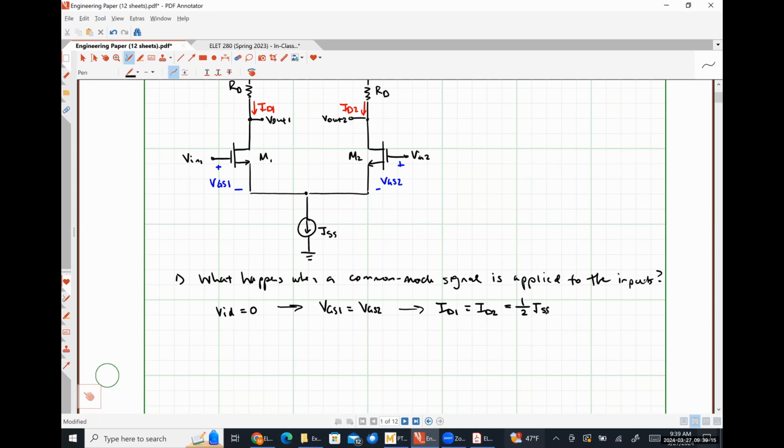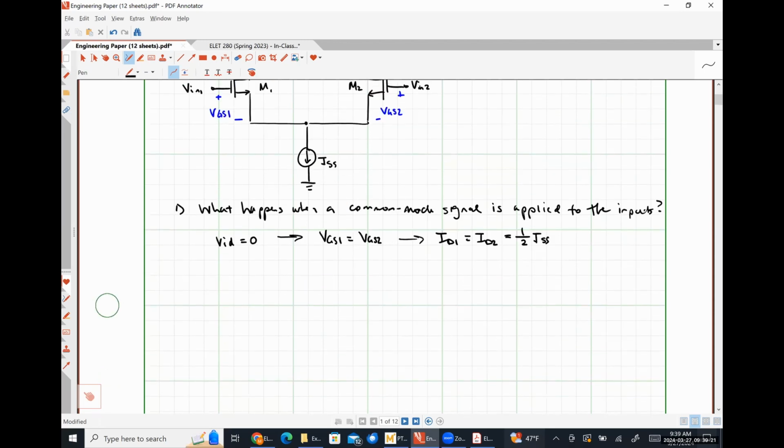So if we look at our output voltages here, Vout1 should just be VDD minus ID1 times RD, or VDD minus RD times ISS over 2.